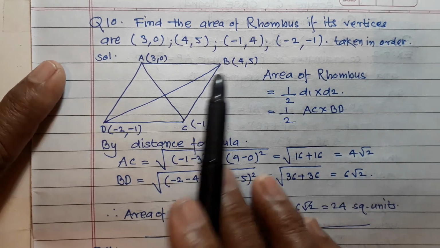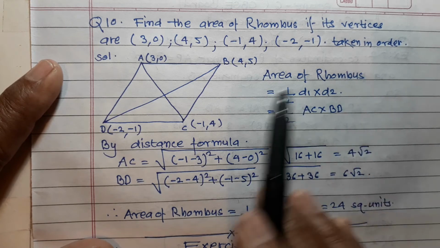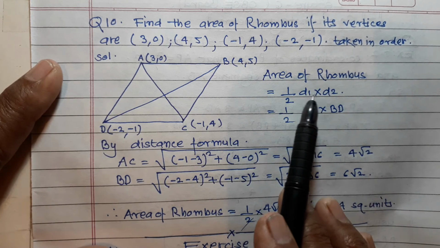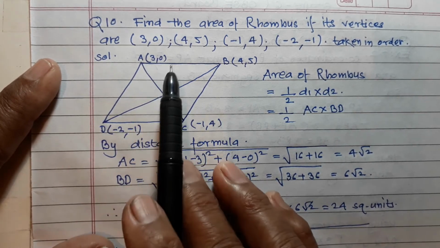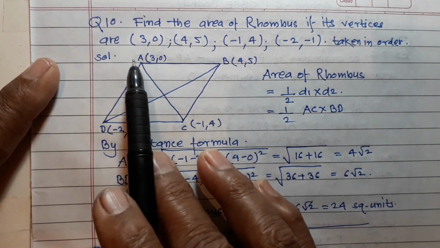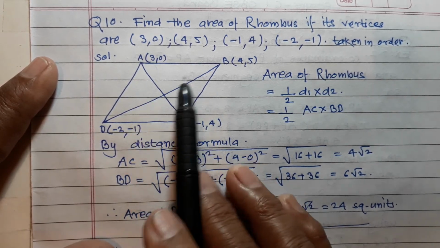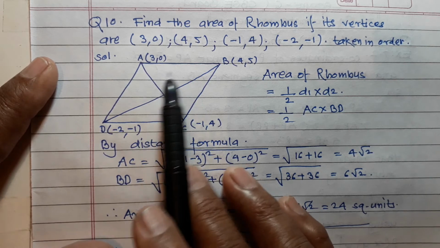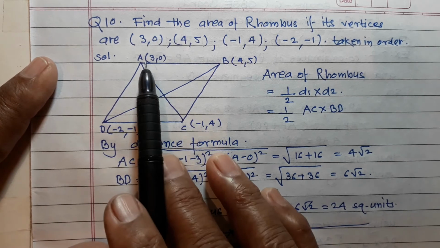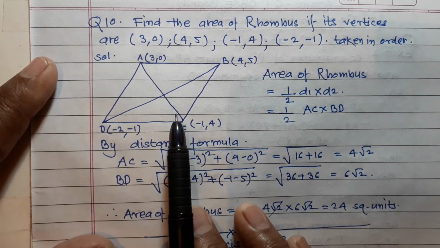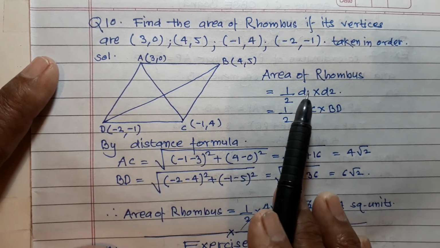One is the formula method: area of rhombus is equal to 1/2 into d1 into d2. Or, if this is a diagonal, then it divides the rhombus into two triangles, and you know how to find the area of a triangle if the three vertices are given. So you can use that method also.